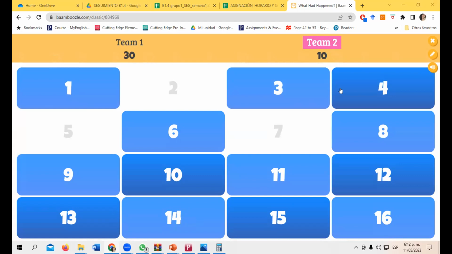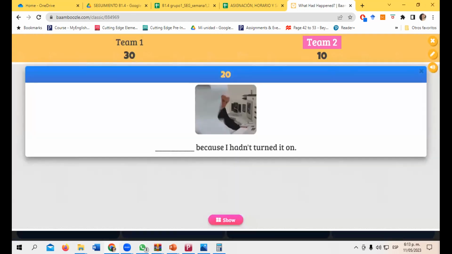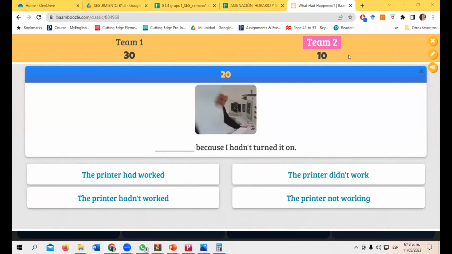Continue. This is for group number 2. Okay, Carlos, choose a number, please. Number 4. You have the options. Because I hadn't turned it on.